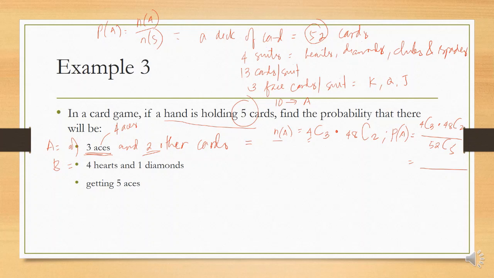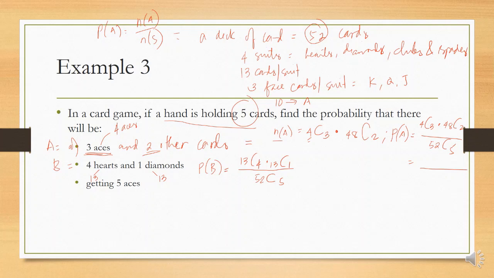Okay, so sa 4 hearts, there are 13 hearts in the deck. 13 cards na heart in the deck. And also 13 diamond suit sa deck natin. So meaning, if this is our P of B, we may write 13 combination of 4 times 13 combination of 1. All over 52 ulit combination of 5.